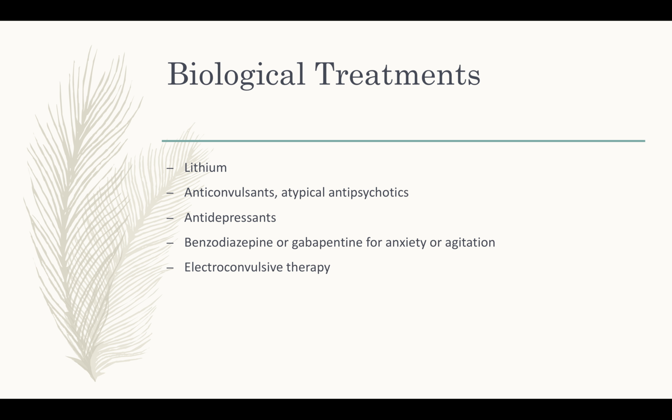In addition, ECT, or electroconvulsive therapy, has also been used. And while it has been shown effective, there's a lot of controversy surrounding it for the reasons we've already talked about. Early on, we talked about ECT essentially causing the brain to seizure.